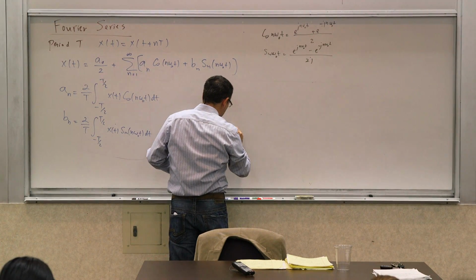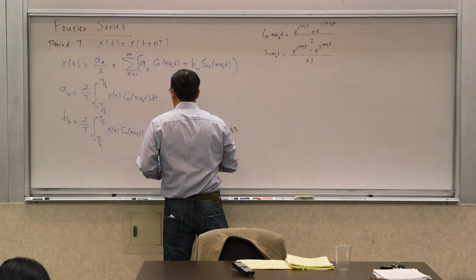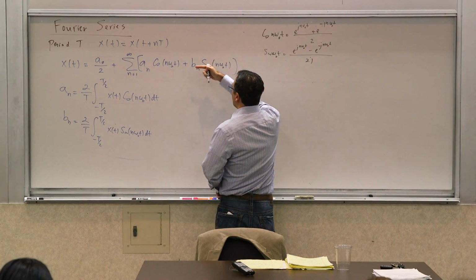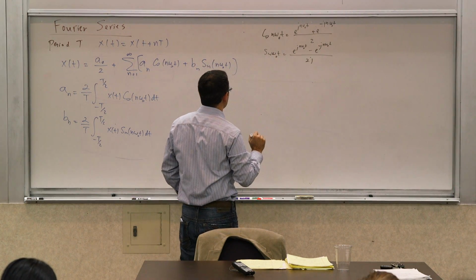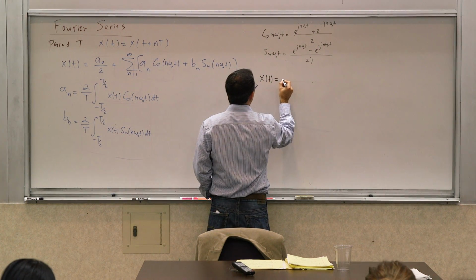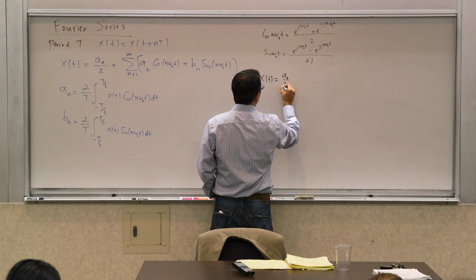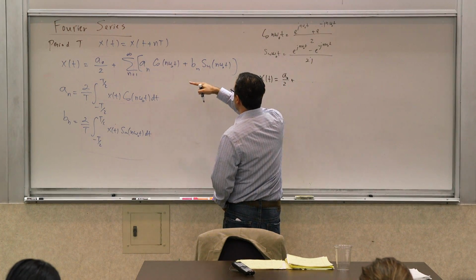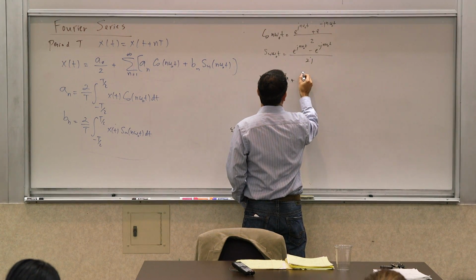So what that says is that now I can plug these into this guy and see what I get. Because if I plug it in there, then x of t can be written as a0 over 2 plus, then I have the an and bn's in that form.